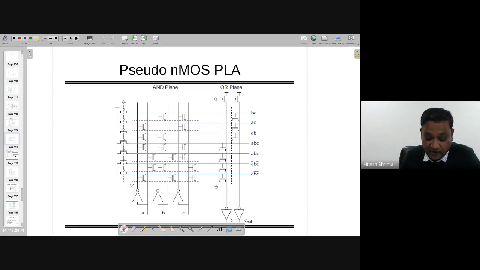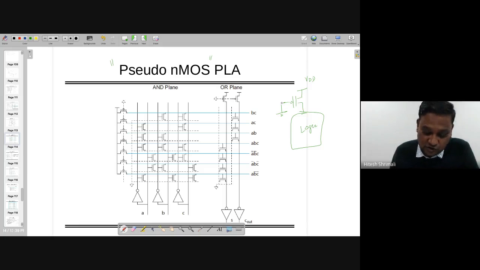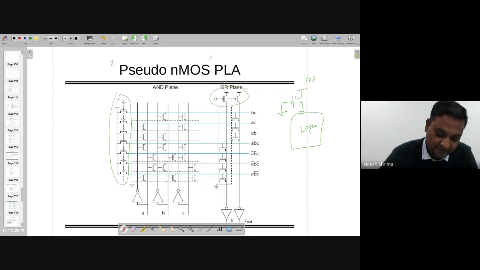So if you want to see how it's happening, everything is happening with the fact that you are going to use a pseudo NMOS PLA. Pseudo NMOS is the one where the load is like this, this is the logic, and here this is connected to ground, right? The same thing happens over here for implementing the OR plane and the AND plane. Both have a pseudo NMOS load, right? And you can say that this PMOS is grounded.